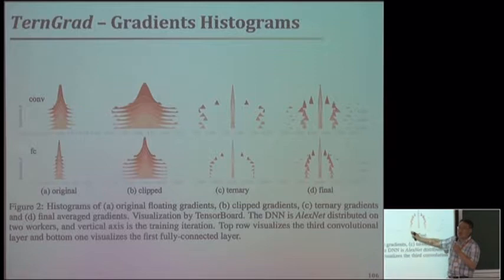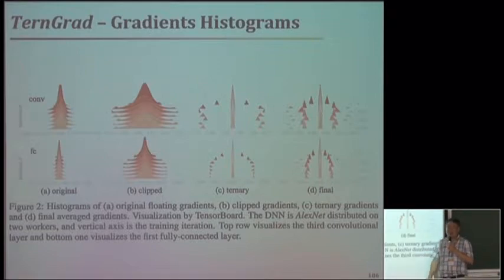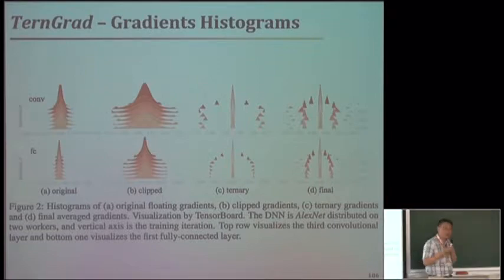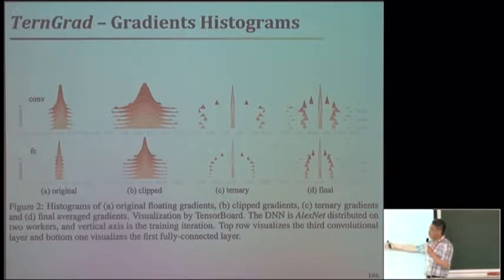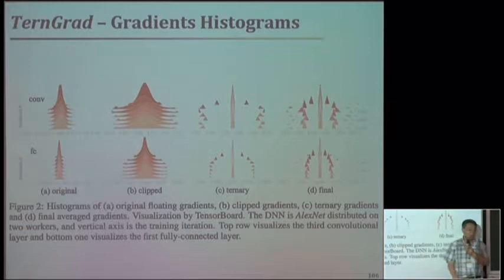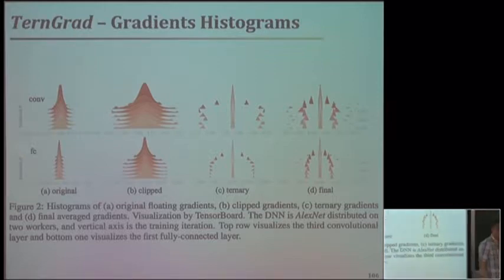Actually, the multi-level of these gradients. Because somehow you can convert 3 levels to multiple levels, and if you have a sufficient number of workers, even to the floating point value, by using the average mechanism.